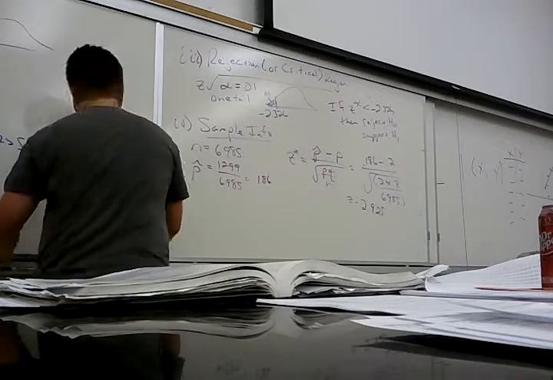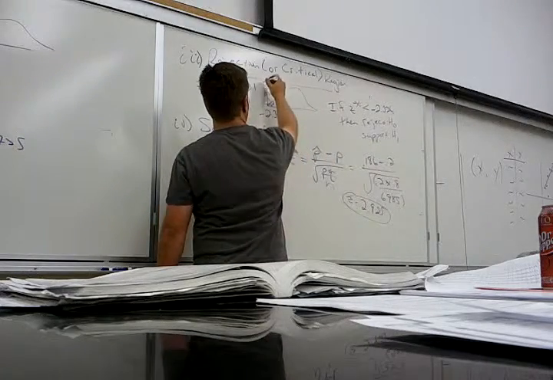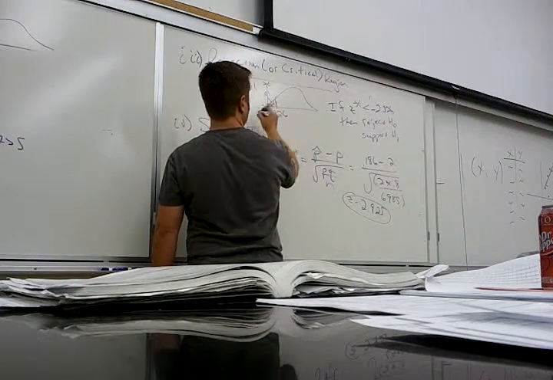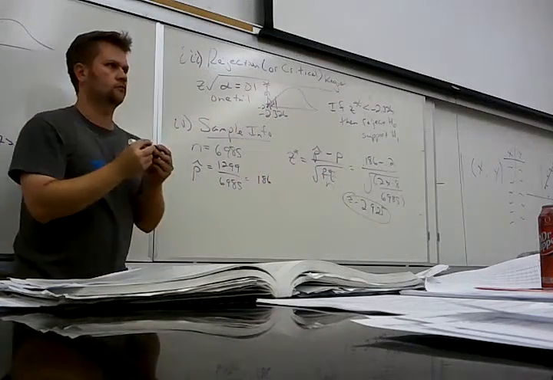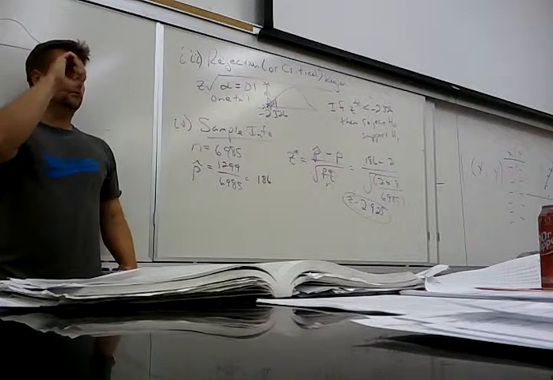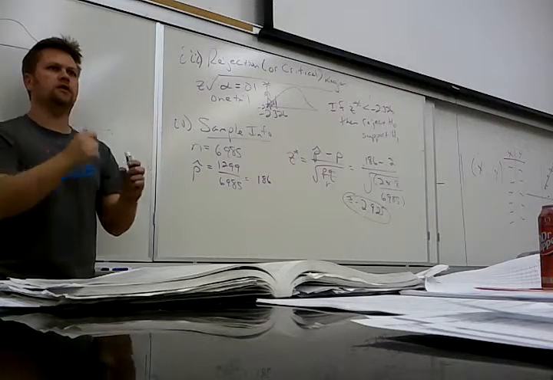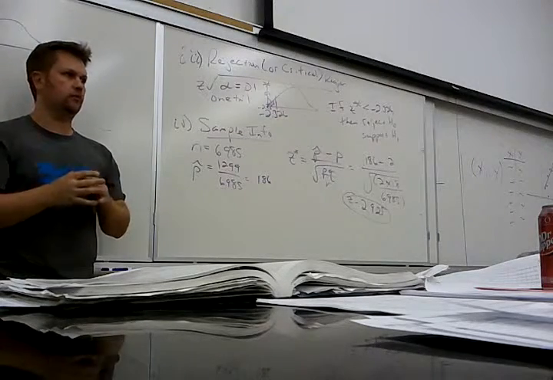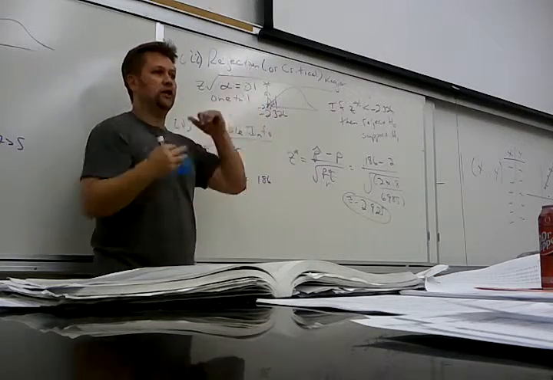So here's my Z star, negative 2.93, I guess, right? So right there, what can we say? Real quick, not even the whole blown out thing. Did we reject? Did we fail to reject? We definitely rejected because we got into the rejection region.